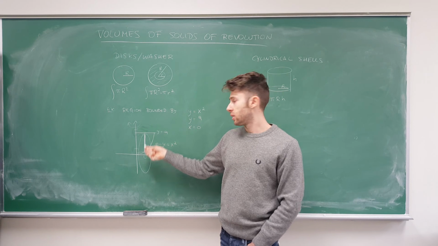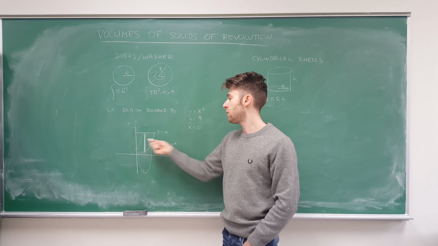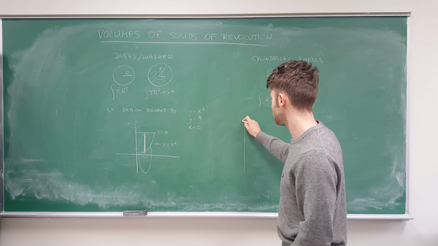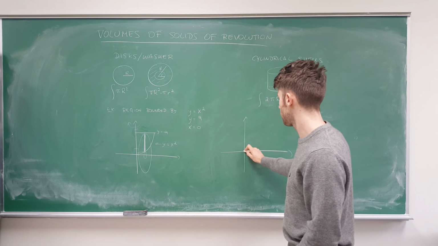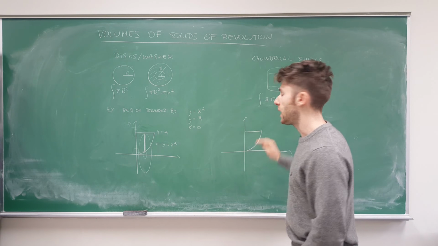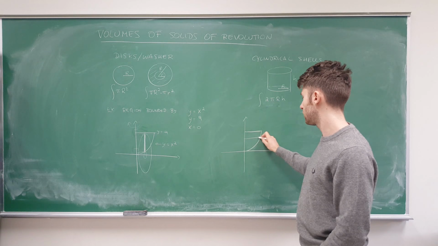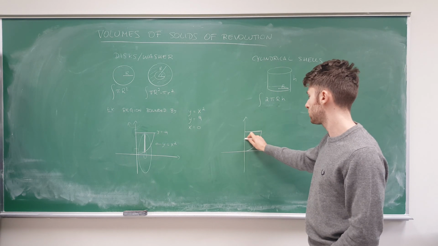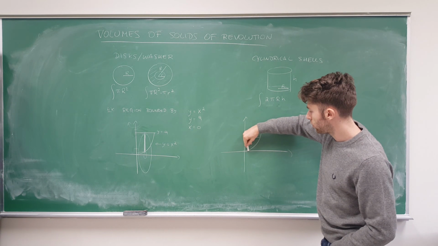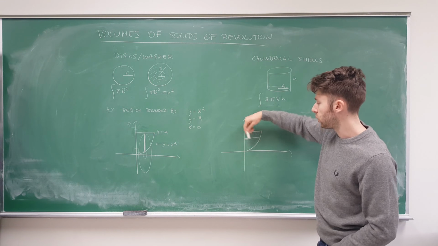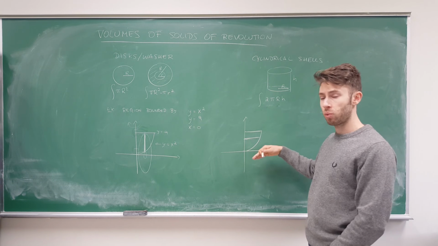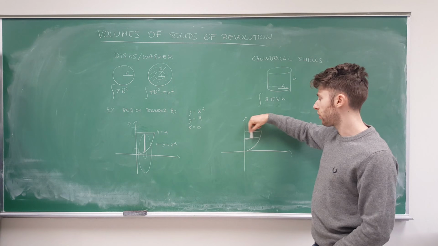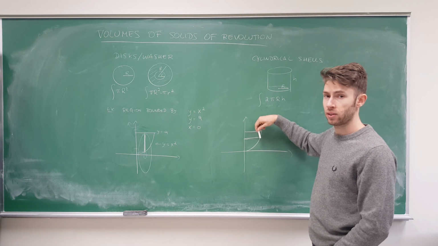Now in this case, we used these vertical segments. If we used horizontal segments, would that have worked? Well, let's see. If I have horizontal segments, then I need to move from here to here, which means I'm moving in y, that's an integration in y. Do I always see one function to the left of another?